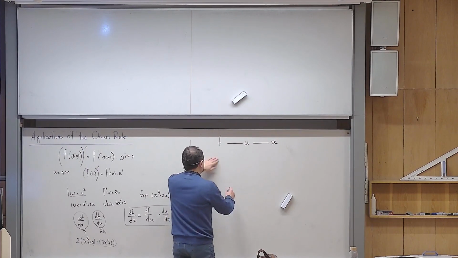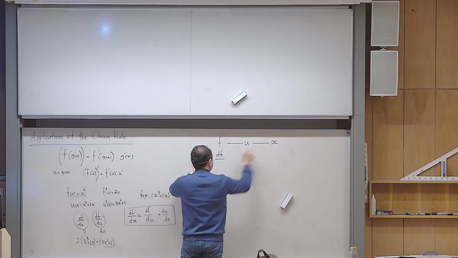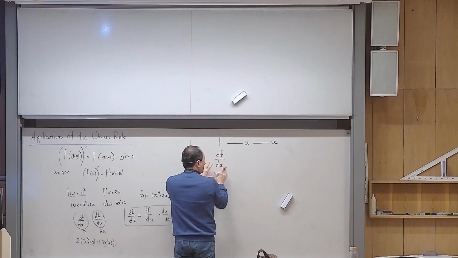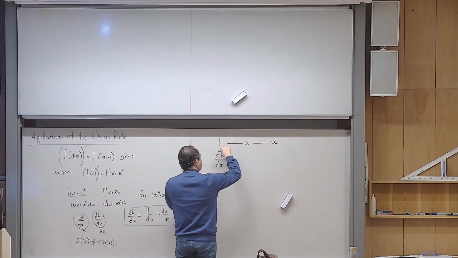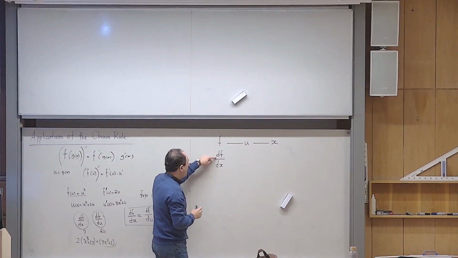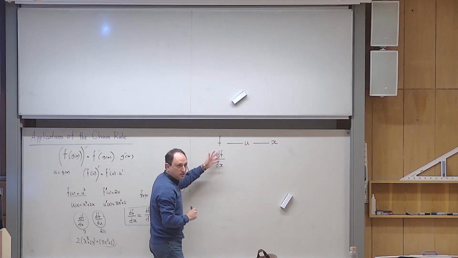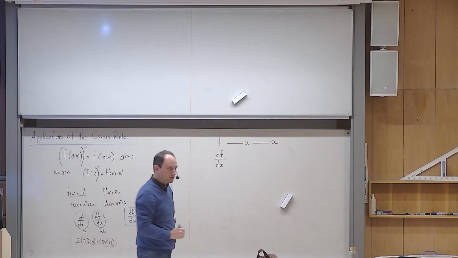Now the point is that if I want to calculate the derivative of this one with respect to this, I want to measure how the change in x will affect f. I want to see how f changes if I start changing x. This is the meaning of df/dx, the derivative of f with respect to x.